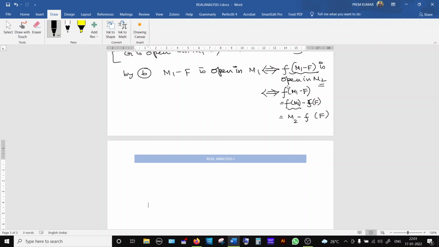So this is open in M2. This is the same as what? This. So this is open in M2. I am just copying the same statement, the only thing is this one I have changed. Okay, what is the final conclusion? M1 difference F is open in M1 if and only if M2 difference f of F is open in M2.